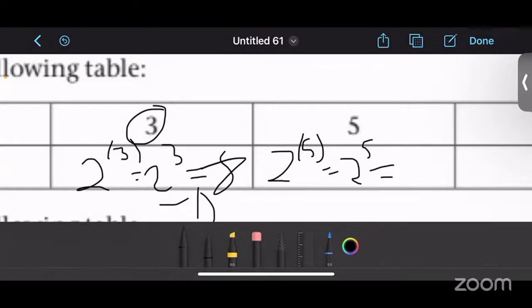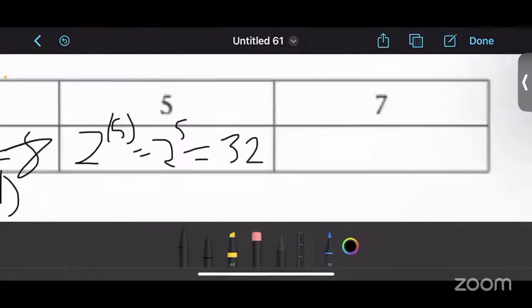How? 2 times 2 is 4, times 2 is... no, it can't be 25. The number has to be a multiple of 2, because you're going to say 2 times 2 times 2 times 2 times 2, right? So 2 times 2 is 4, and the answer is 32.